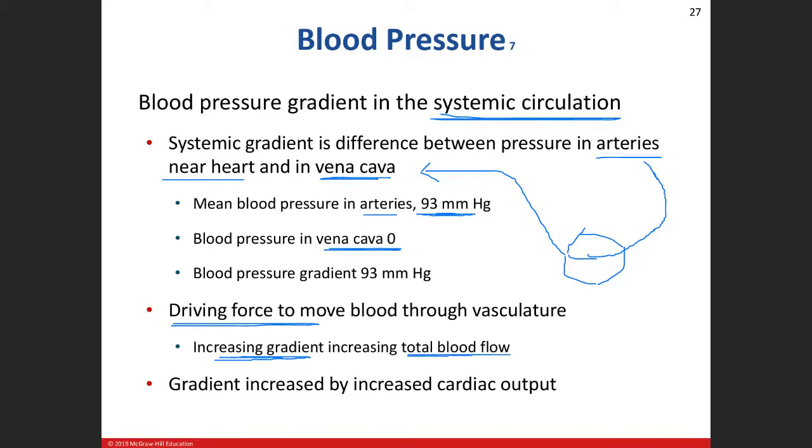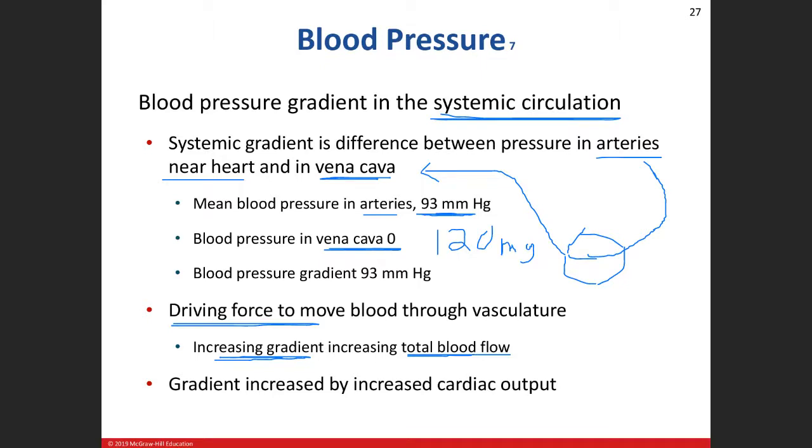If I take this number, 93 millimeters of mercury, and turn it to 120 millimeters of mercury, and this vena cava is still going to say 0, isn't there a bigger difference now? We went from 93 to 120. So we've increased the gradient, and if we increase the gradient, we're going to increase the flow.